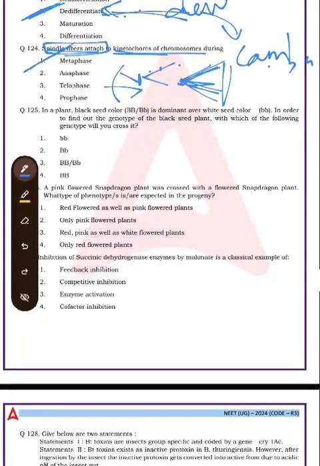In a plant, black seed color is dominant over white seed color. In order to find out the genotype of the black seed plant, with which of the following genotypes will you cross it? Suppose to determine the genotype of a black seed color at F2, the black seed from F2 is crossed with white seed color.